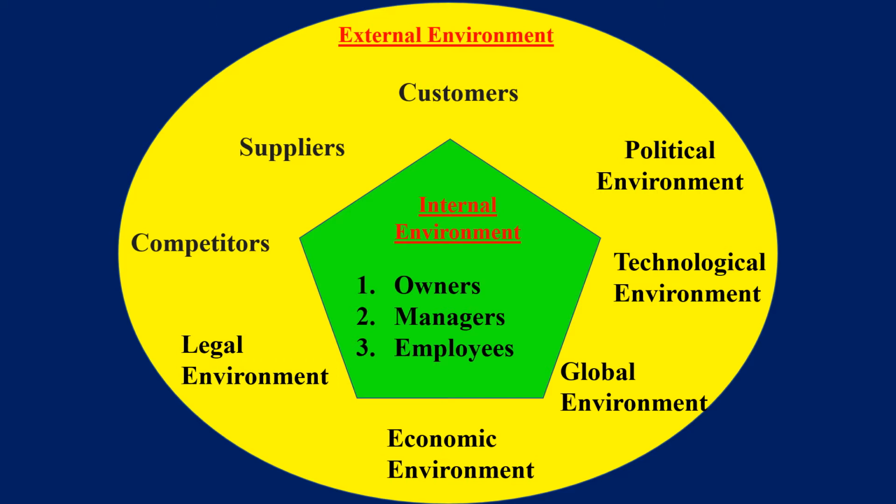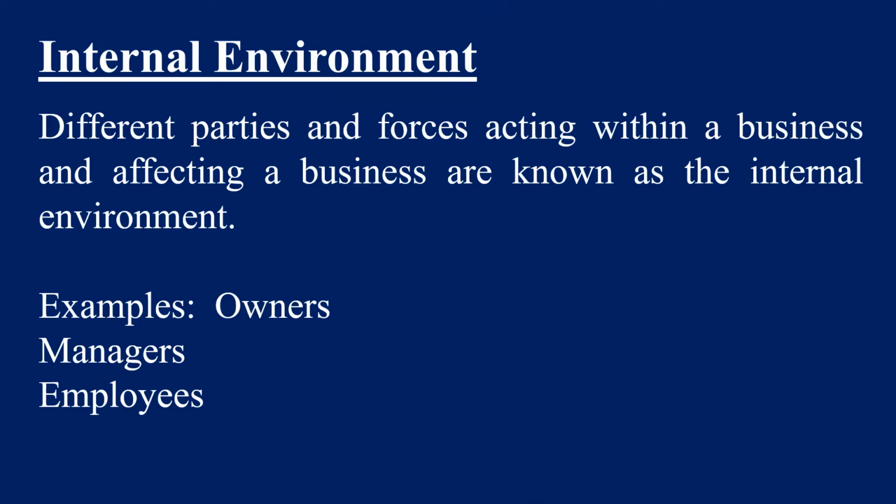And as you can see, if we take the external environment, the customers, suppliers, competitors, legal environment, economic environment, global environment, technological environment and political environment are considered as the parties and the forces which are acting in the external environment. Okay, so now we will be discussing the internal environment and the external environment separately.